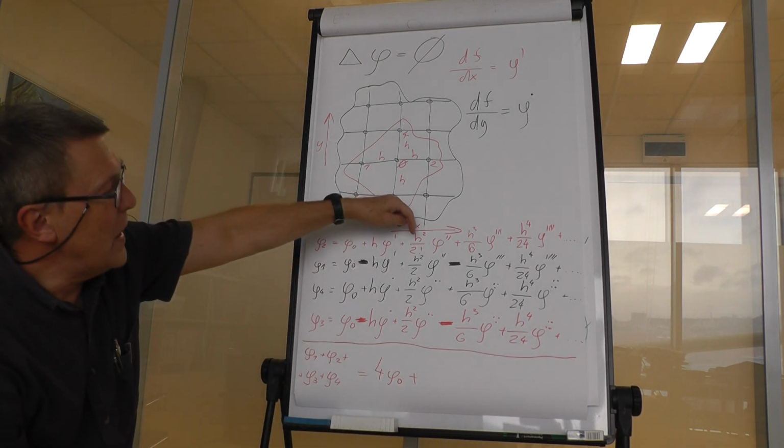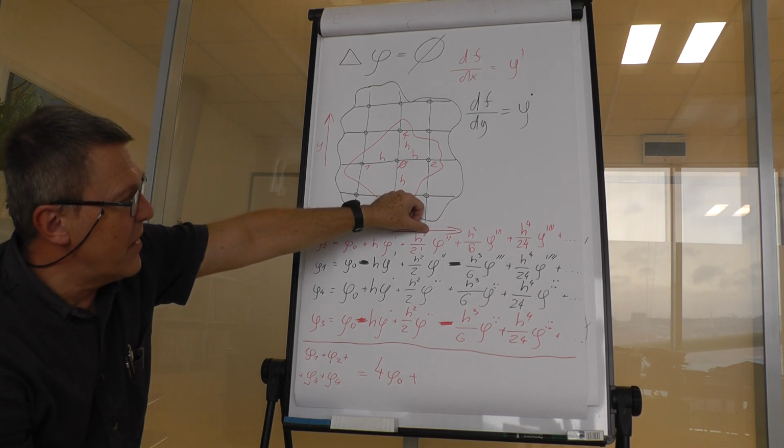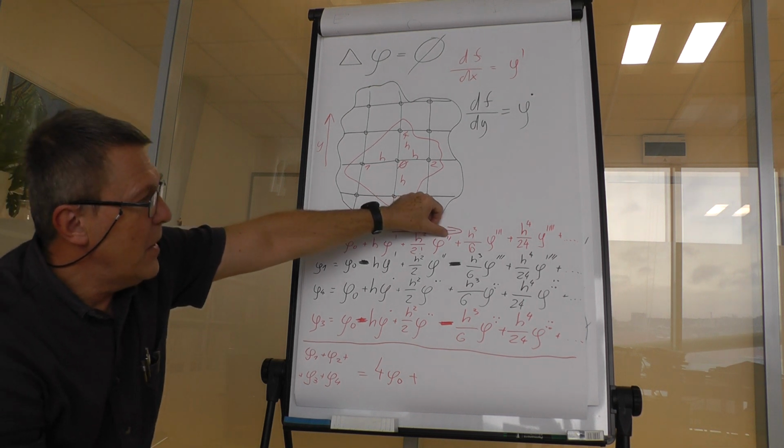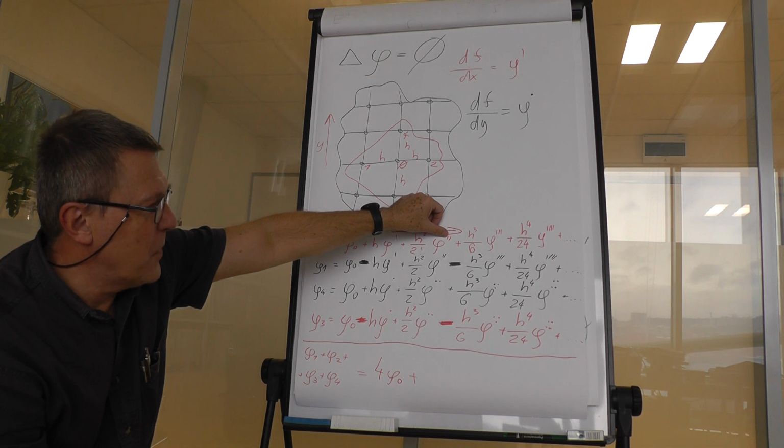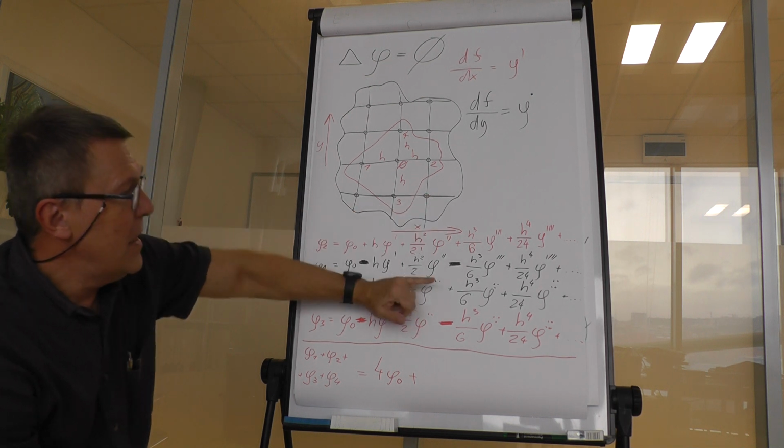We have 1/2 of h squared multiplied by phi second derivative against x. And the other half.